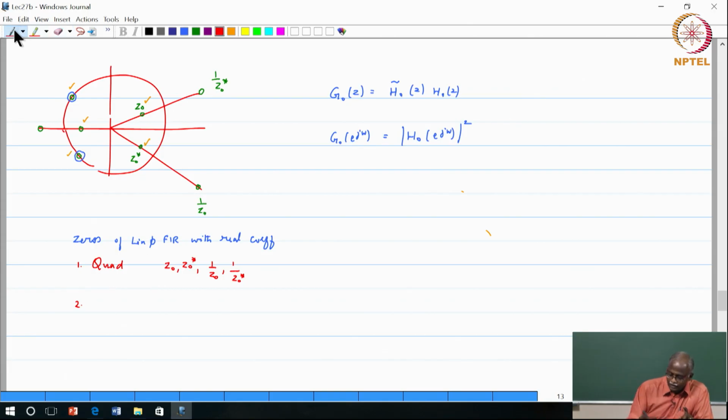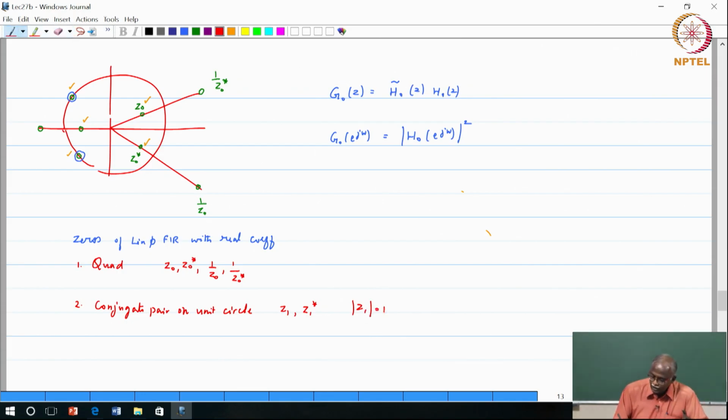They can occur as a conjugate pair on the unit circle. So, that means z1 and z1 conjugate with the condition that mod z1 is equal to 1, it is on the unit circle.